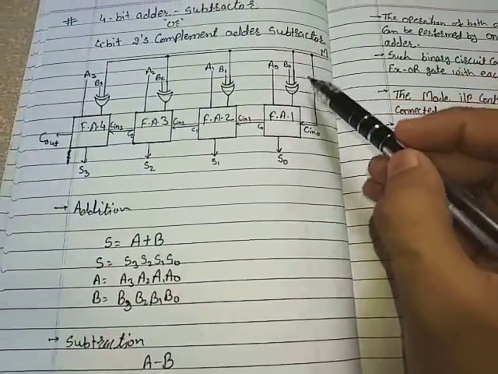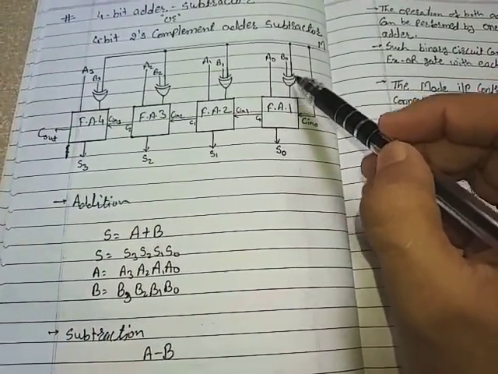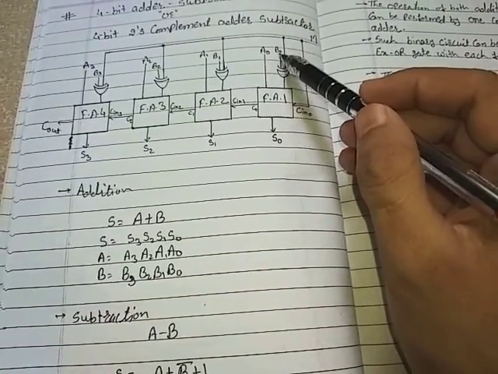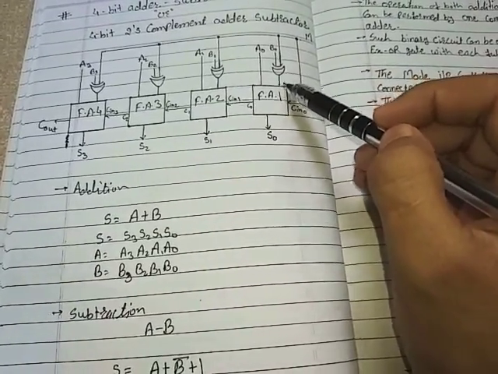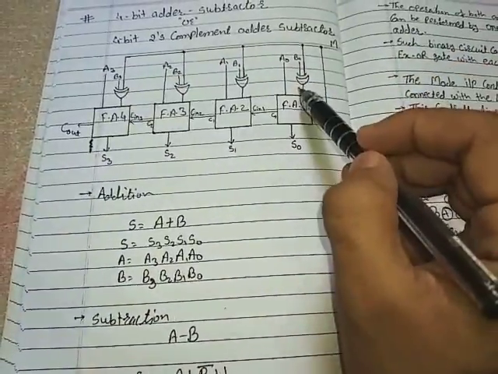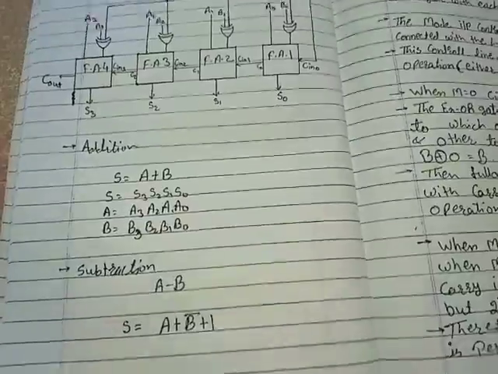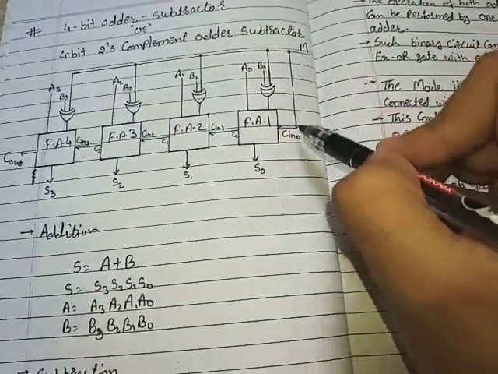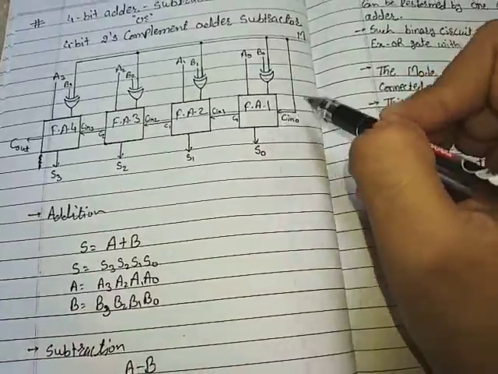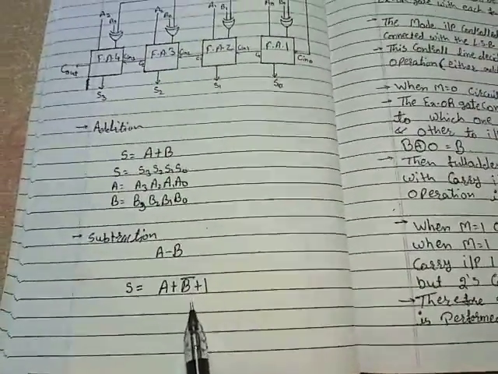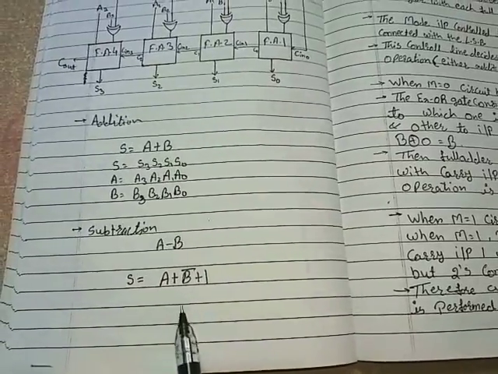So here, first we take the 1's complement, or inverter, so the output of each XOR gate when M is equal to 1 is B bar. Then we add binary 1. Here Cin is 1. So it becomes binary subtraction by using the 2's complement method.